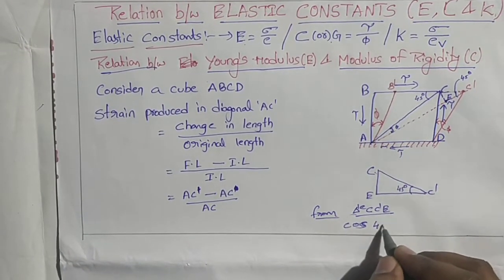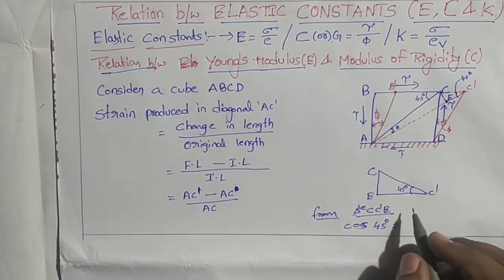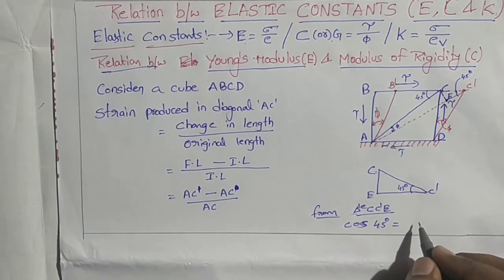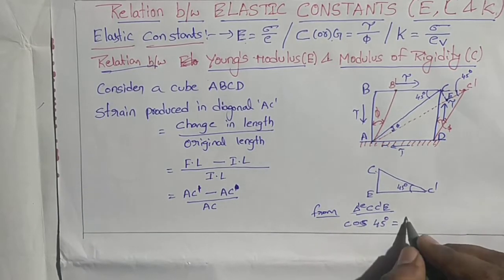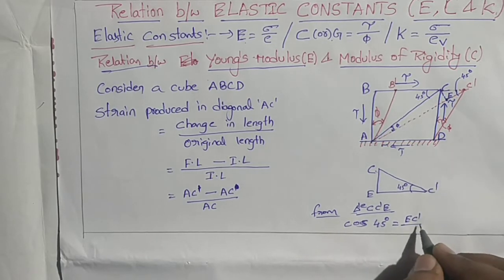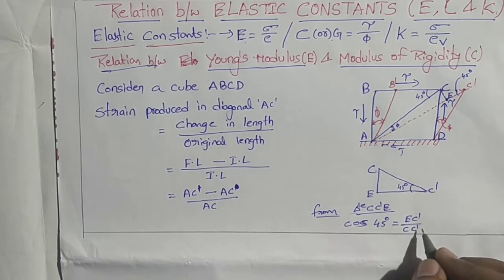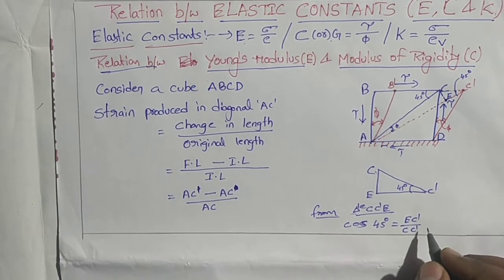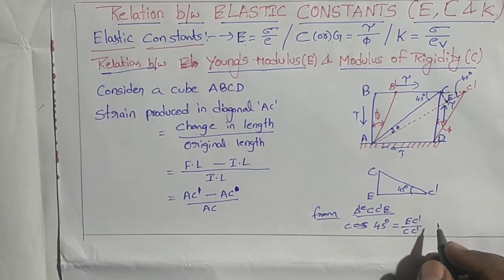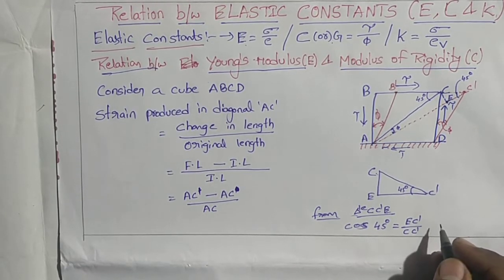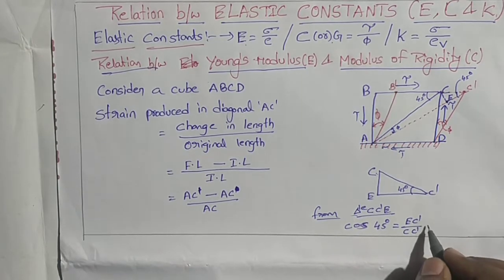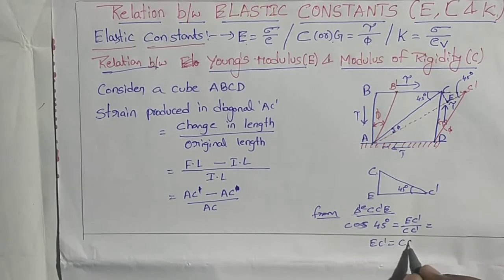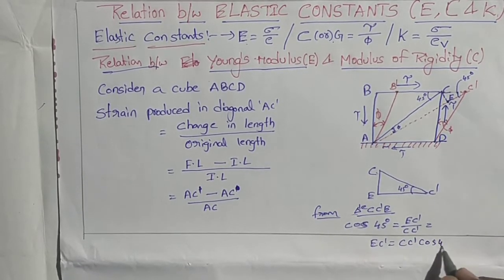Therefore cos 45 degrees equals adjacent side by hypotenuse. In this triangle the adjacent side is EC dash and the hypotenuse is CC dash. Therefore EC dash equals CC dash cos 45 degrees.